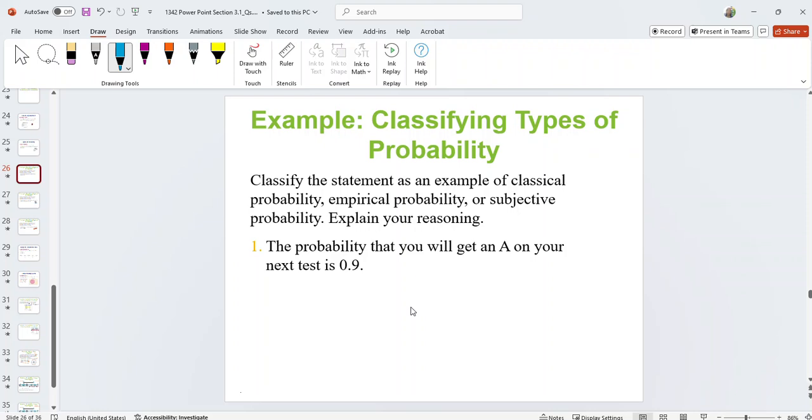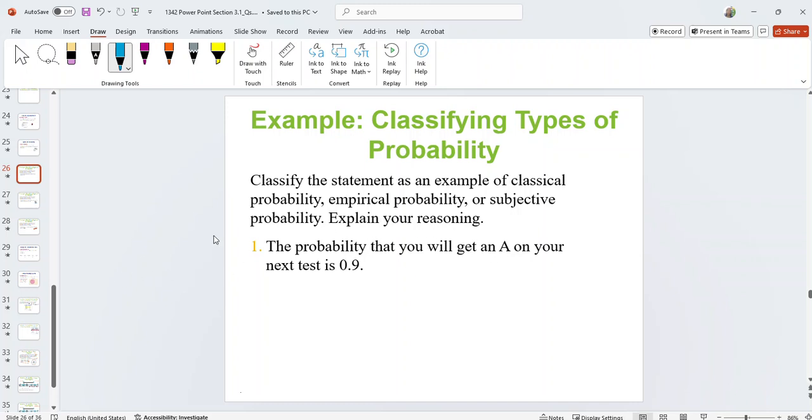And by that time, I might be able to predict how much you will get in this course. But that is based on all the data you have, all right? So that is not a subjective probability. This is based on the homework, everything you already completed. So I would say that is probably the empirical one, okay?